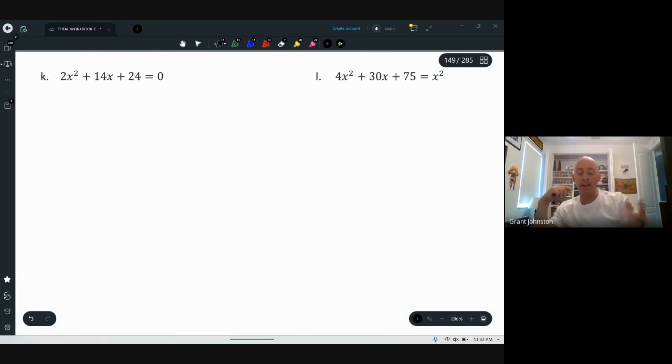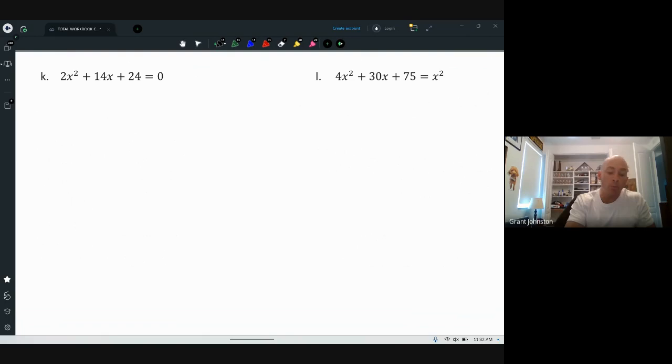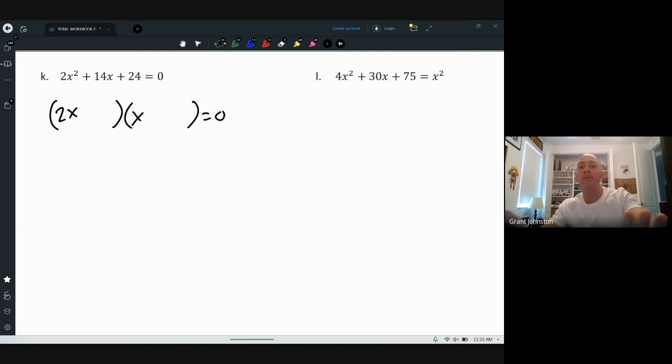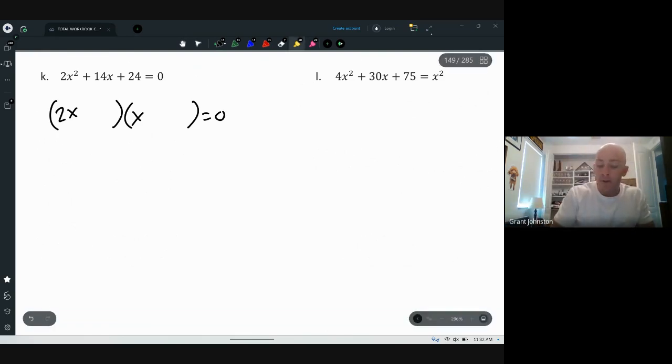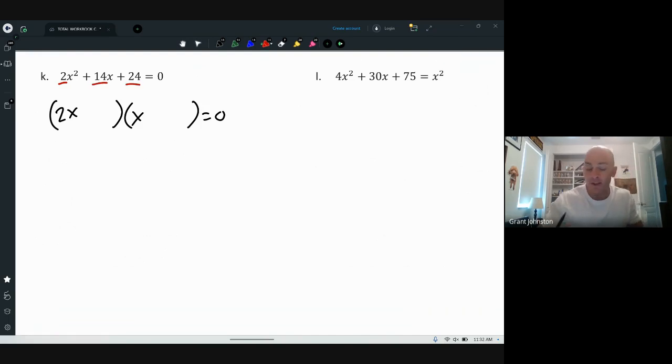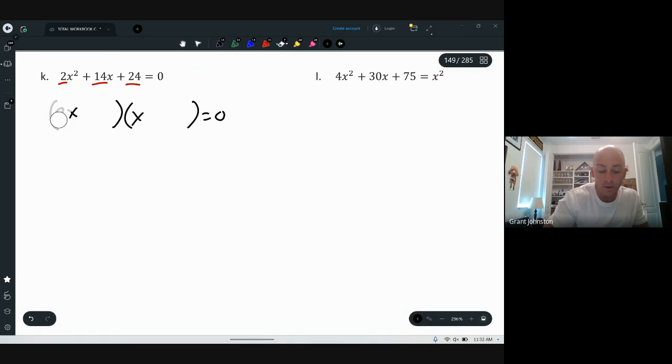So on K, don't write this yet, but we could do the 2x, and that's fine. Go for it. But looking at this problem, there's actually something we can do to make this easier on ourselves. You notice how each of these are even and they're divisible by 2.